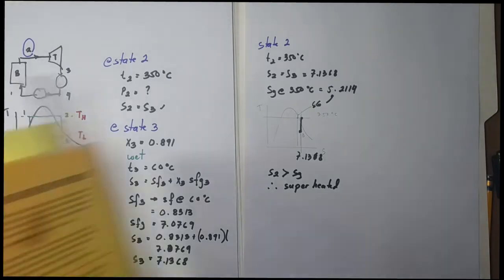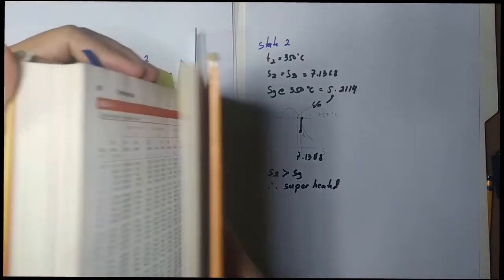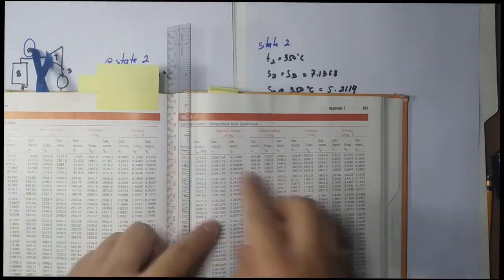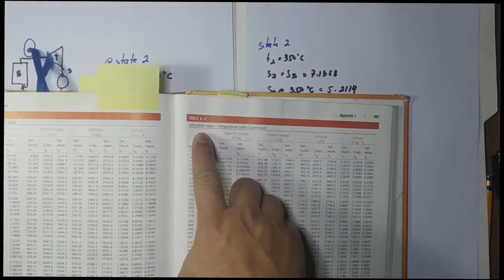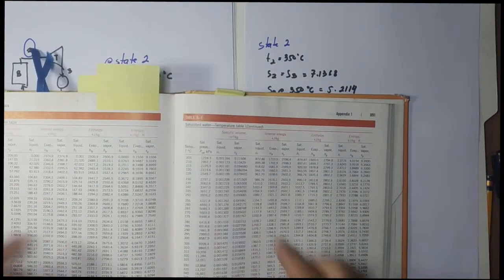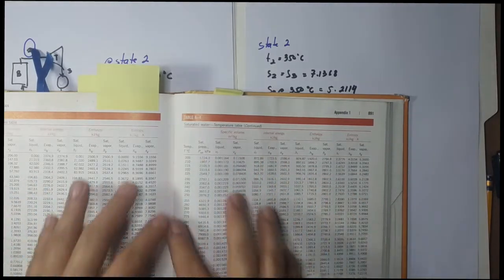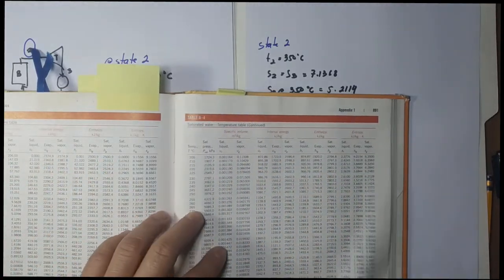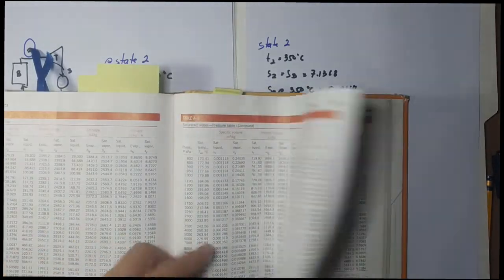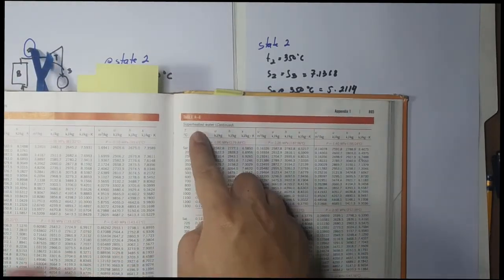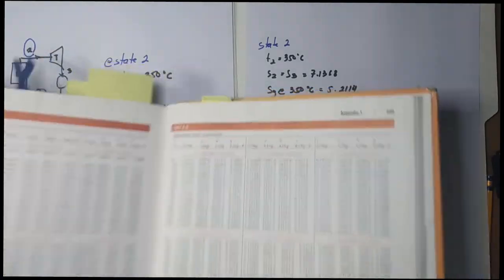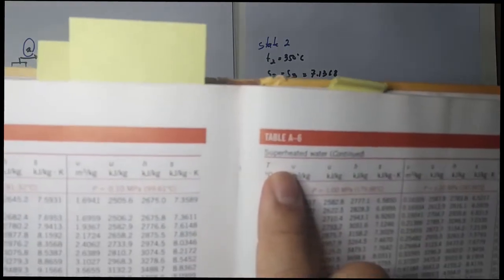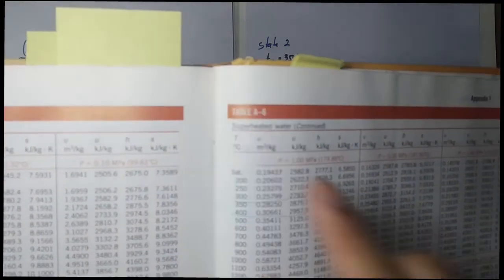Kanina, ang table na ginamit natin is yung nasa saturated water, A-4. Ngayon, pang wet mixture lang to. Pupunta tayo ngayon sa superheated water. Table A-6. Ito yon. Okay?